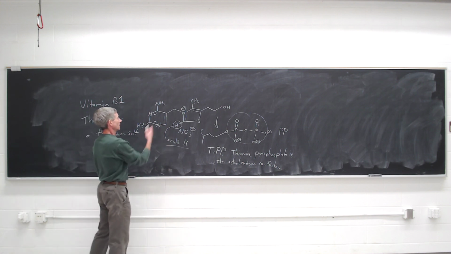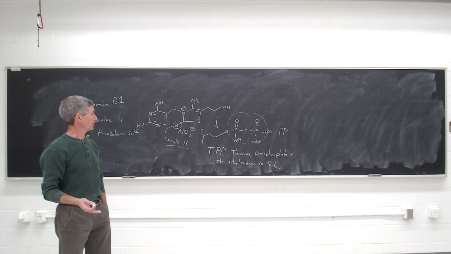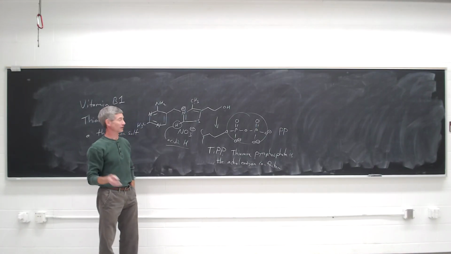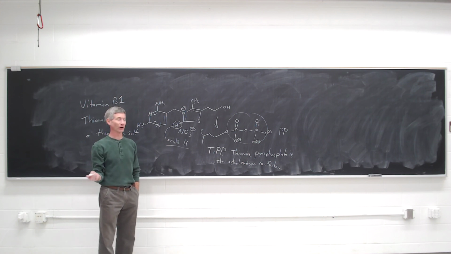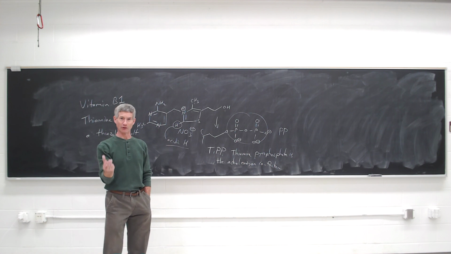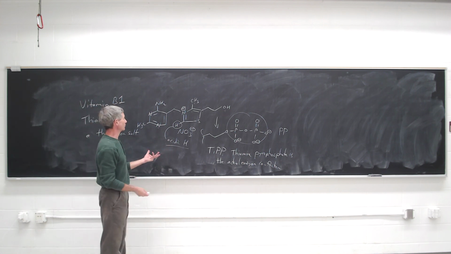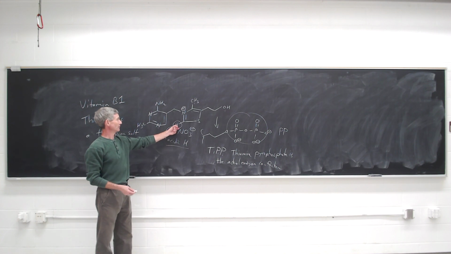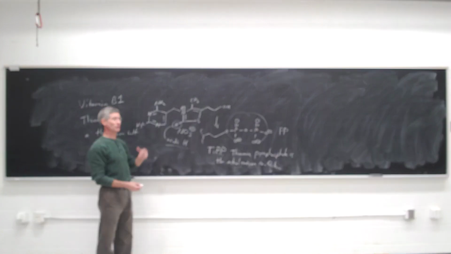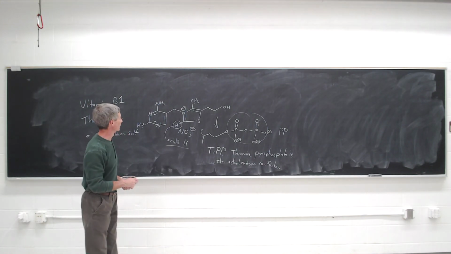So thiamine, since it acts inside an enzyme active site, is not limited to coupling two identical aldehydes because you can arrange within that active site to put the aldehydes in the right orientation. That one aldehyde is close to the hydrogen that's removed from thiamine, and the other one is going to be close to the new anion that's generated after that first carbon-carbon bond is formed.